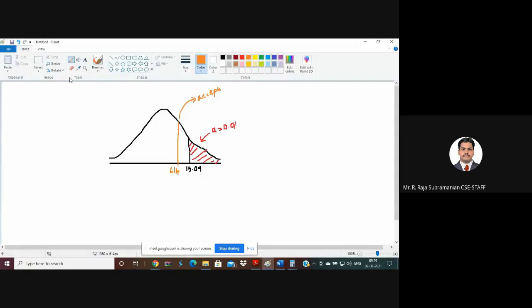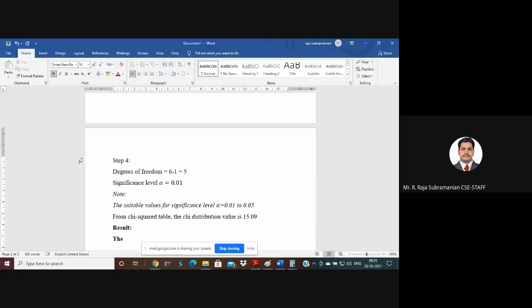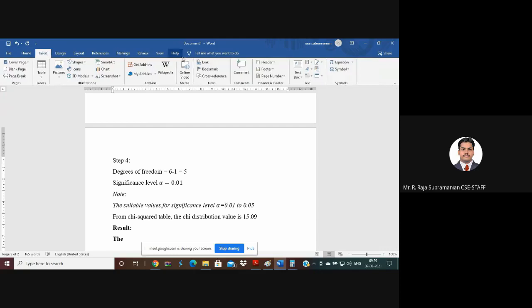Actually, the symbol for chi-squared is written like this. Let me find this symbol here. If not, you can see in the paint window, that is the symbol for chi-squared.